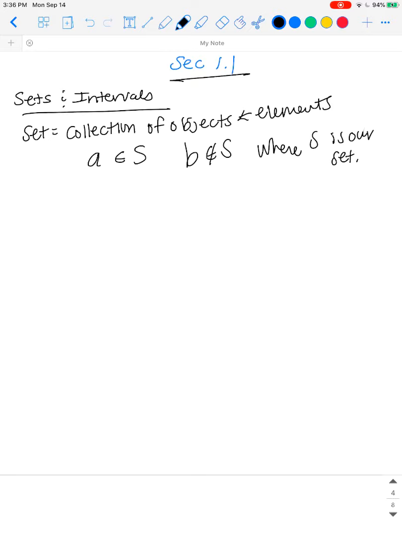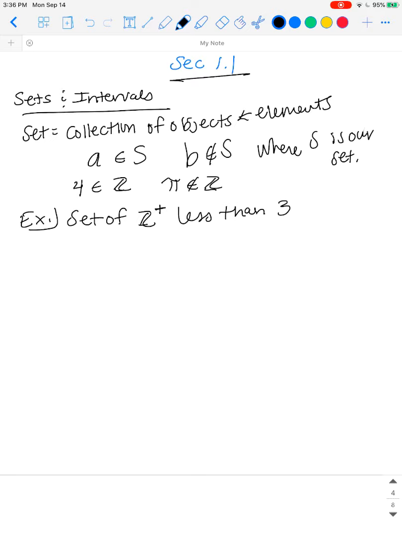Okay, so for example, 4 is an element of the integers. Pi, we know, is not an element of the integers. Pi is an irrational number. So say another example is we wanted to define the set of integers, but we want them to be positive, and then we want them to be less than 3.